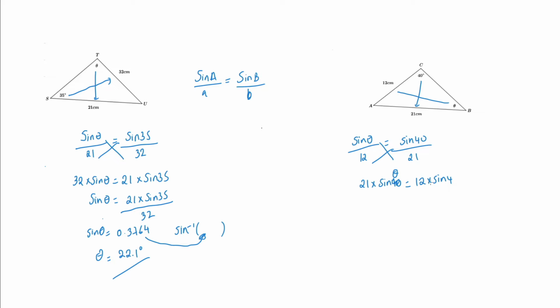So 21 times sine theta equals to 12 times sine 40. Because you want to find sine theta, you're going to do 12 times sine 40 divided by 21. Put that in your calculator, 12 times sine 40 divided by 21, and then press shift sine to get the answer. That will give you 21.6 degrees, and that should be your answer.